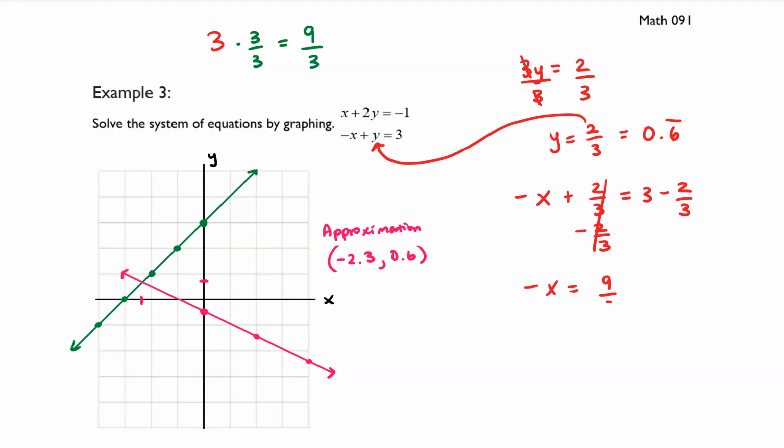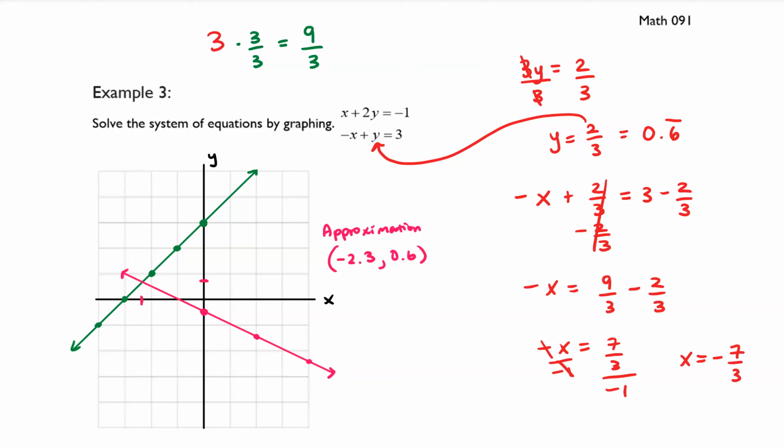So I get 9/3 minus 2/3. And we get -x is equal to 9/3 minus 2/3, which is 7/3. And then I just need to divide both sides by -1. And if I do that, I end up getting x equals -7/3.